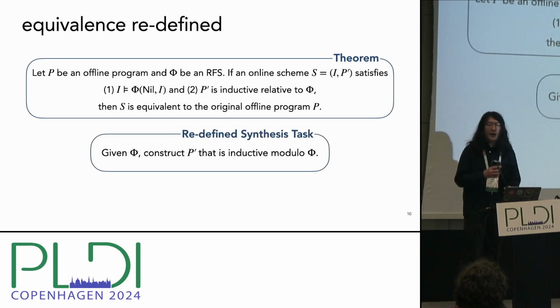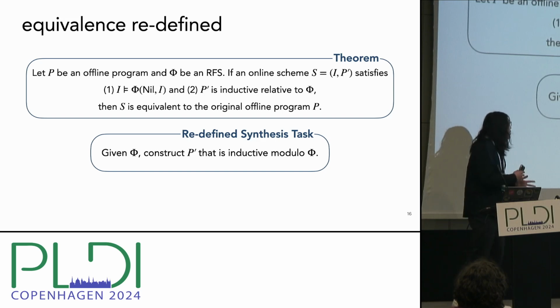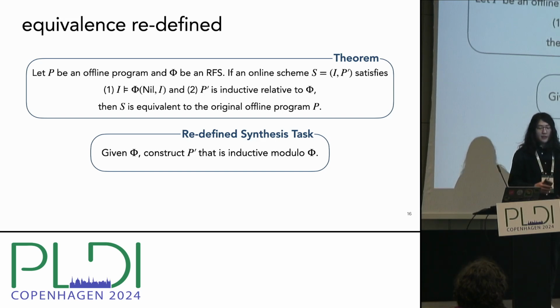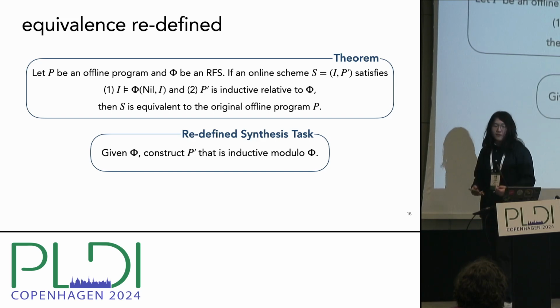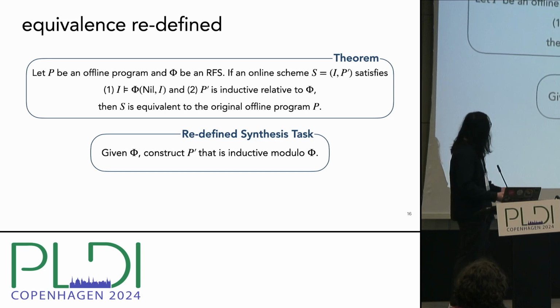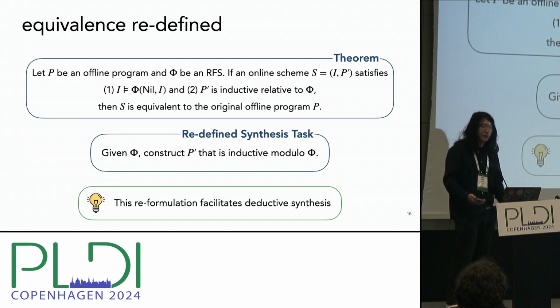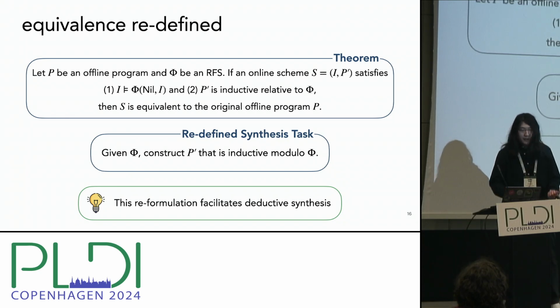So we can redefine our synthesis task as: given the RFS, the relational function signature phi, construct P prime that is inductive modulo phi. And since I already told you how we construct the relational spec phi, we just need to figure out the program P prime. And this reformulation facilitates deductive synthesis.